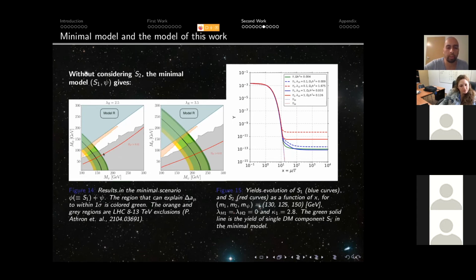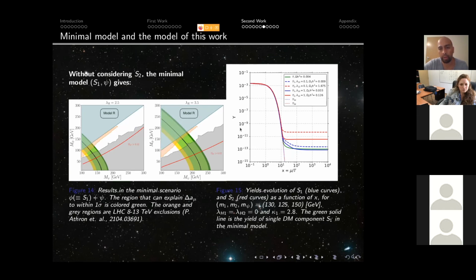So as you can see, the relic abundance of that model is already ruled out. It gives you something that is already excluded. Above that curve you have an overabundance, and below that curve you get an underabundance. So the question was, what if we move this red curve to the allowed region, with that curve passing through the green region?